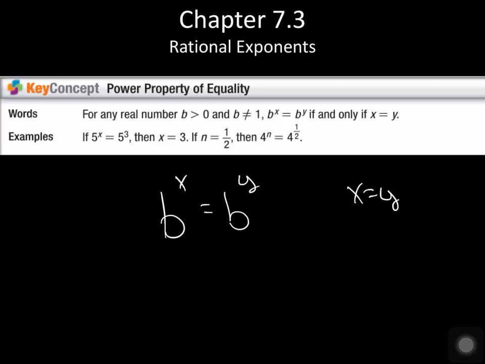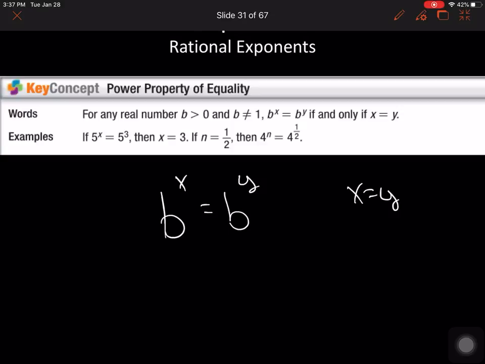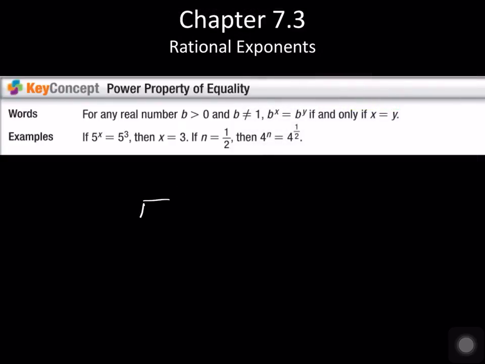Some base raised to a power equals some other base raised to a power if and only if those powers are equal. Here's us solving some equations. 5 to the x equals 5 cubed. Well, that's only true if x equals 3, right?